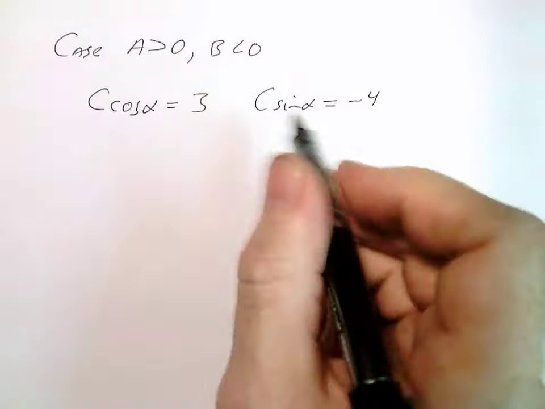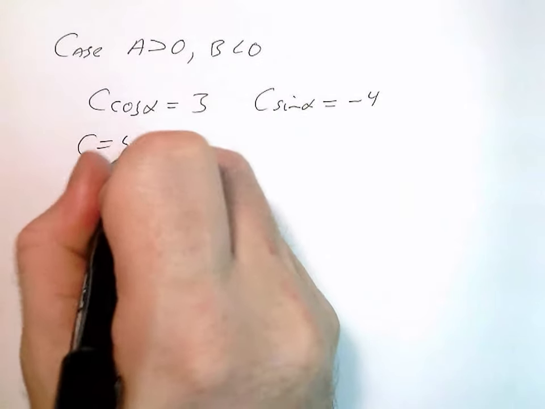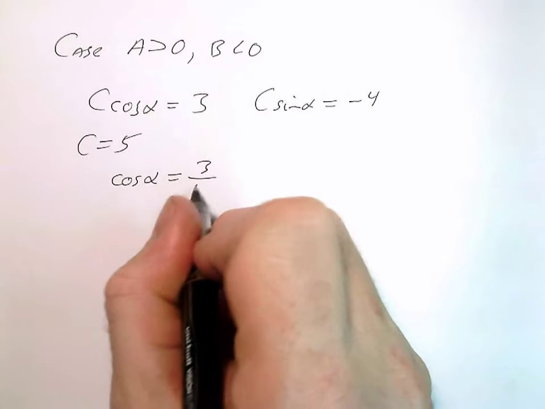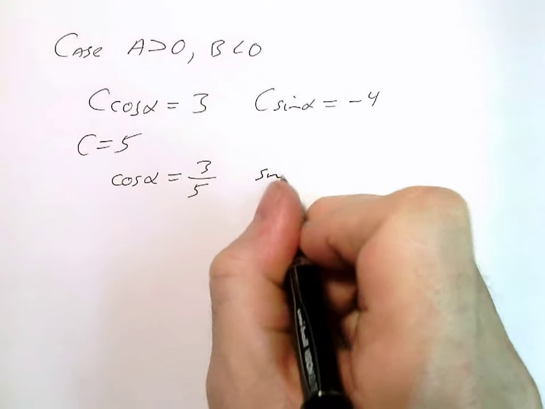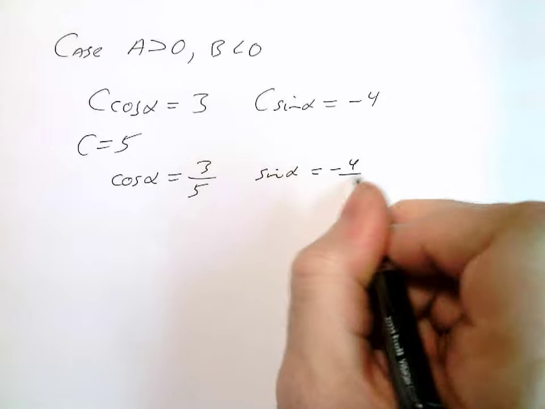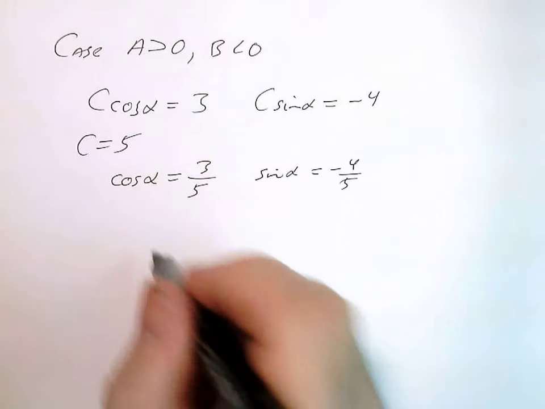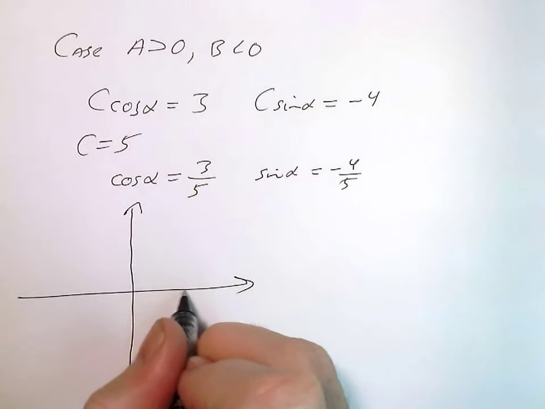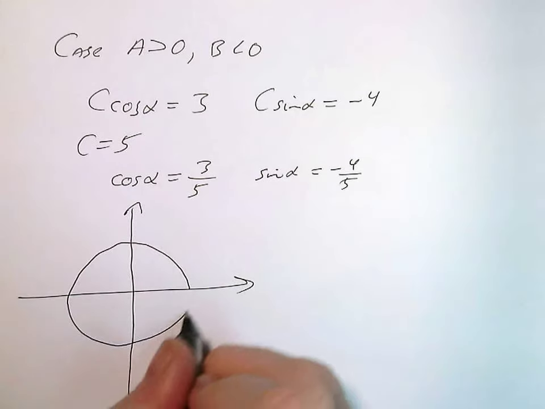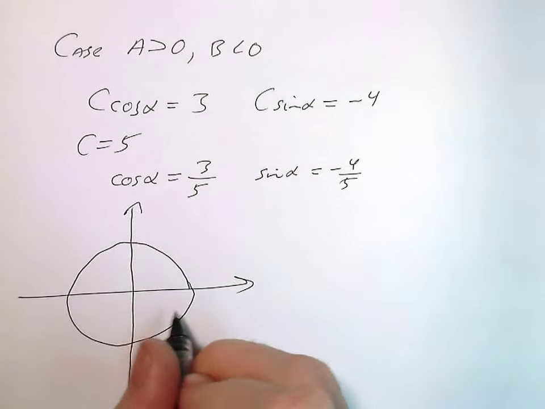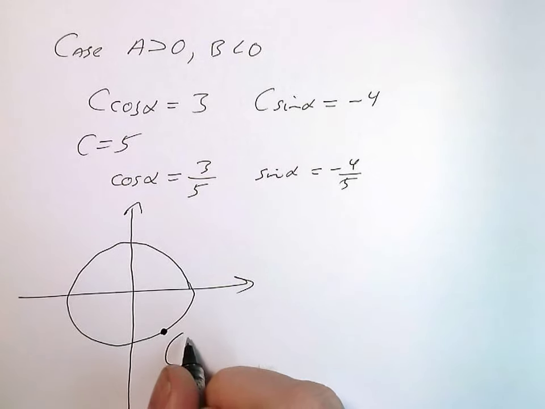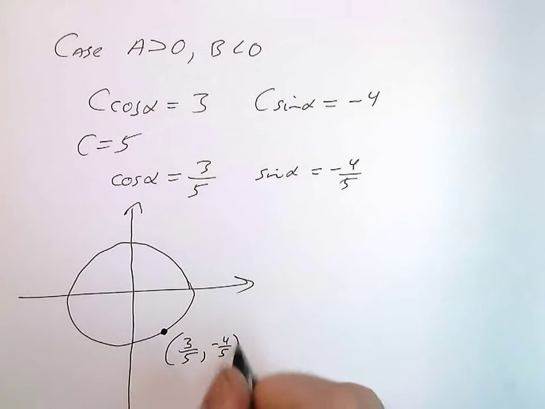Again, we have C is 5, so we get cosine of alpha is 3/5, sine of alpha is negative 4/5. Right. So I think about my unit circle here, again with the cosine and the sine, but now I have this point here. Here's my 3/5, here's my negative 4/5.